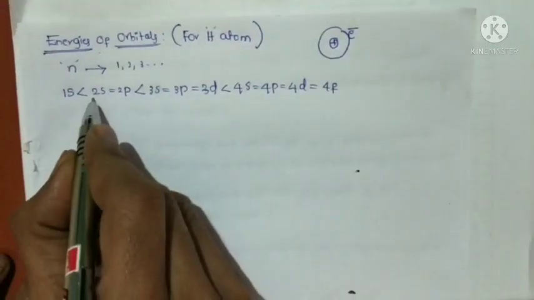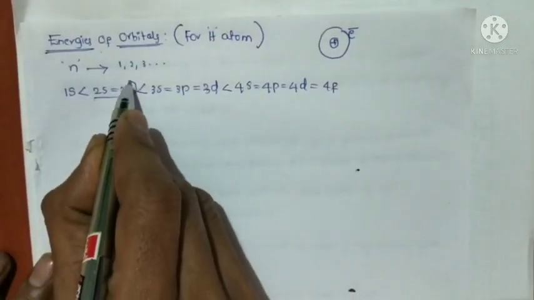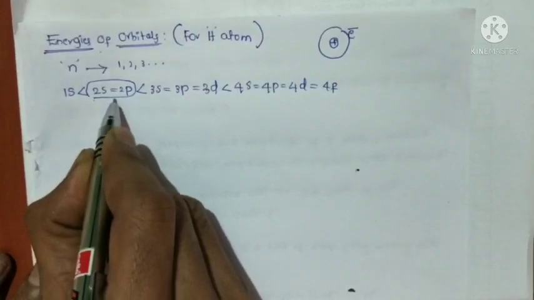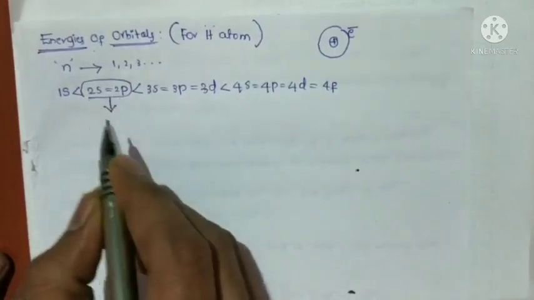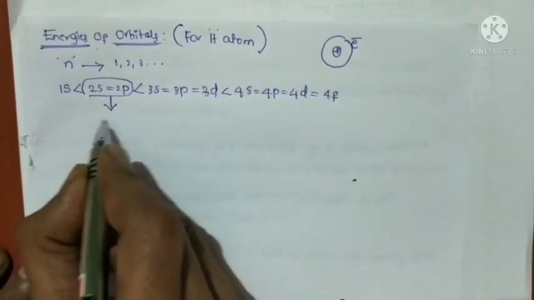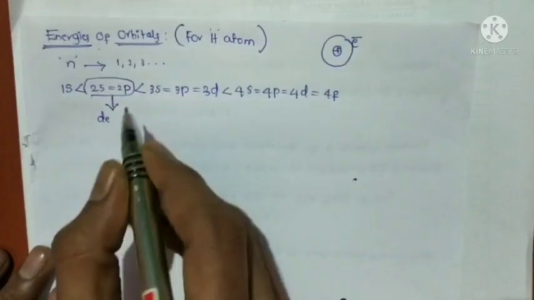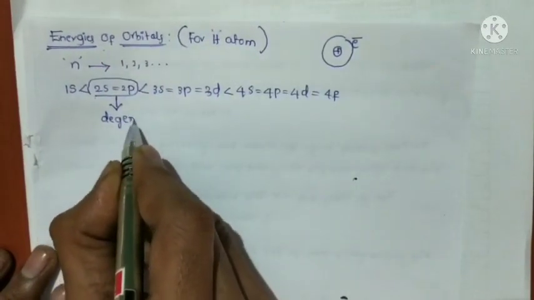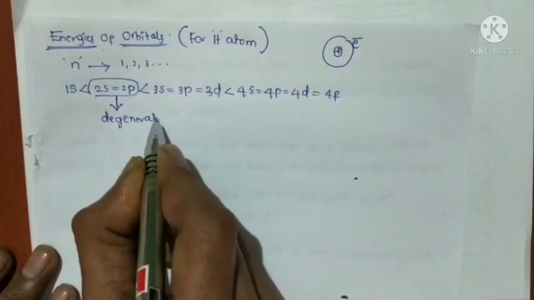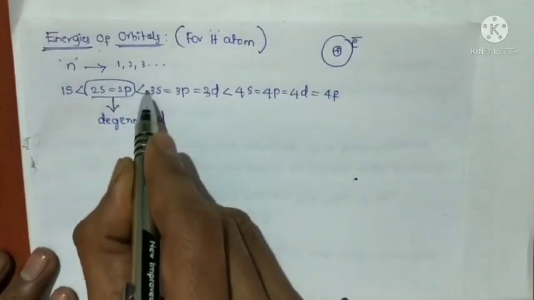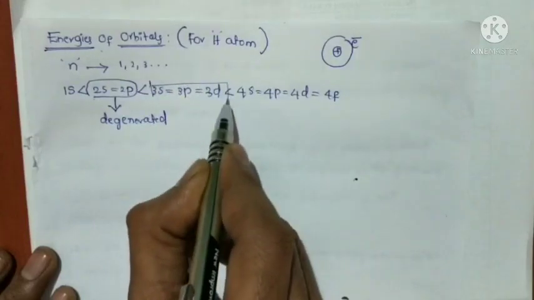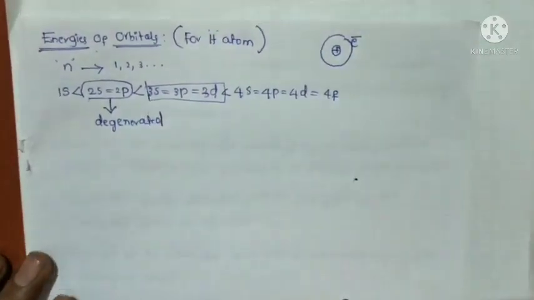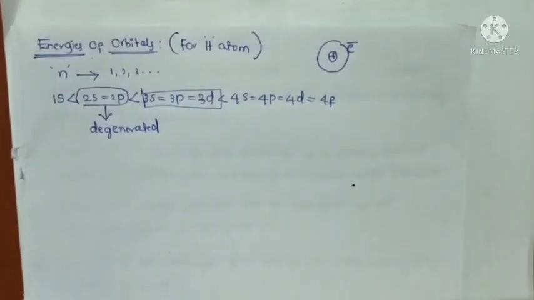So what happened here: 2s and 2p both have the same energy, that's why these orbitals are called degenerate orbitals. Already we know this from quantum numbers. Here 3s, 3p and 3d are also degenerate orbitals.